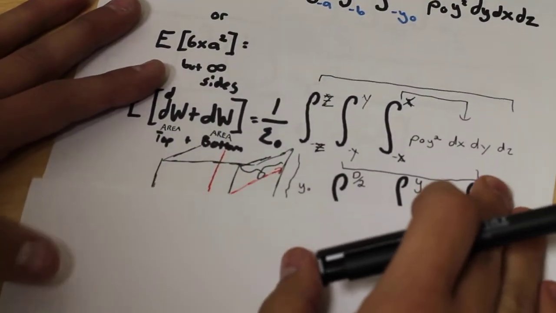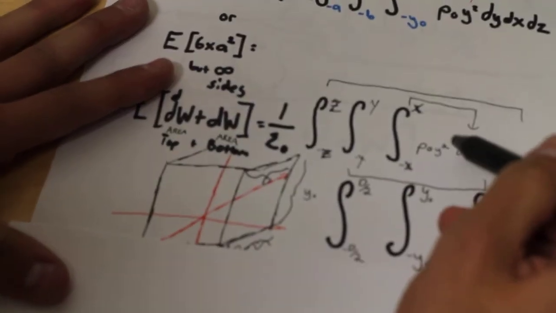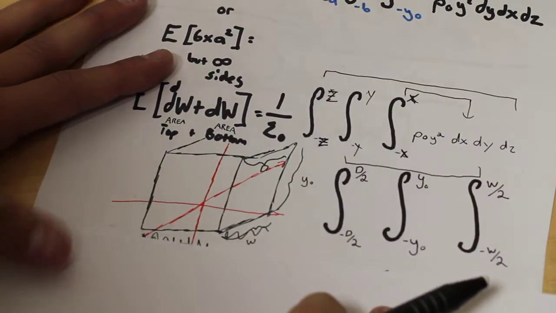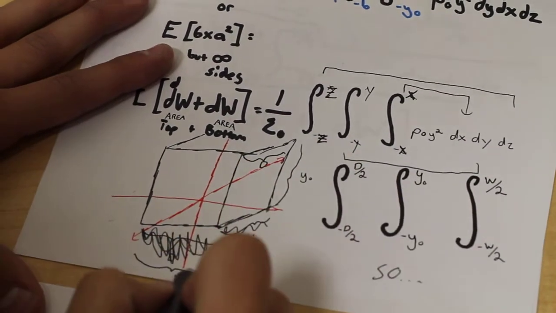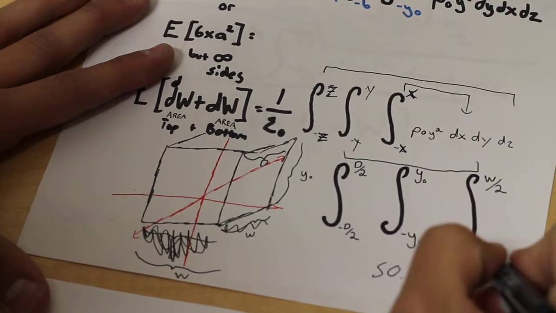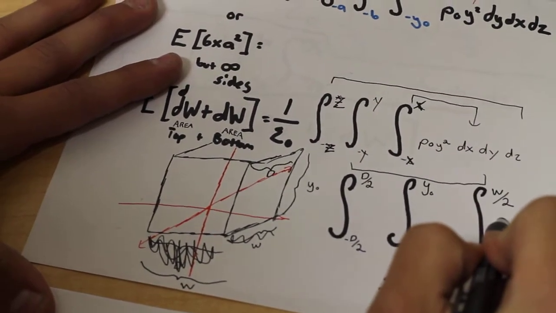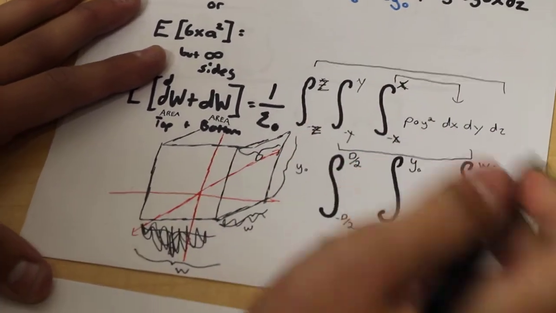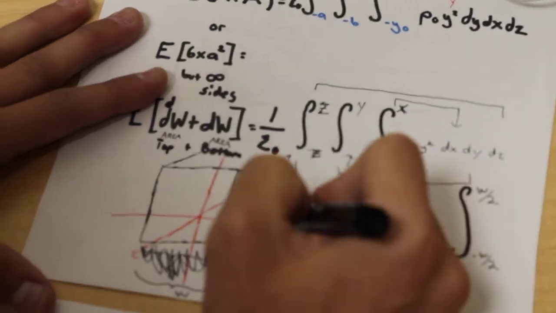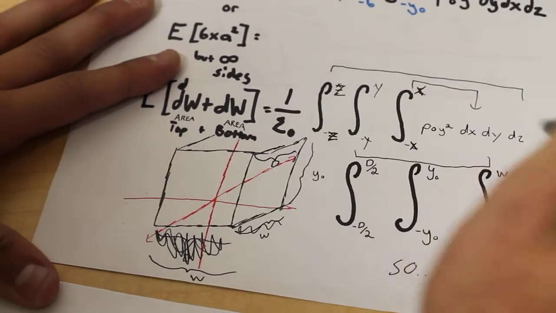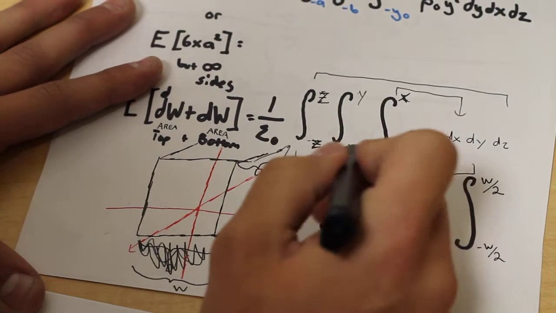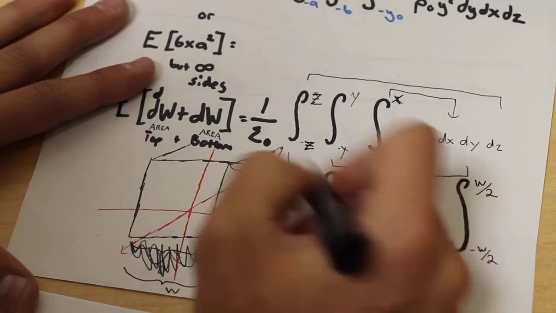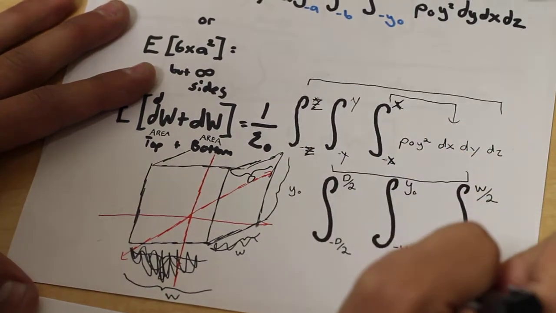So going back up here, this is dx, those are my x values, which are my w's, so I replace x with negative w over 2 to w over 2. I do the same with y: that's negative y naught to y naught. For my z values, that's negative d over 2 to d over 2. So here we have our limits.